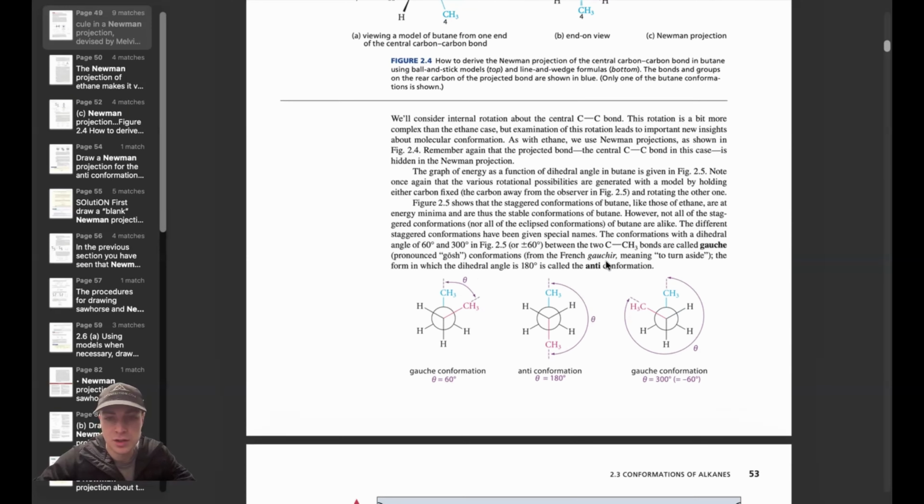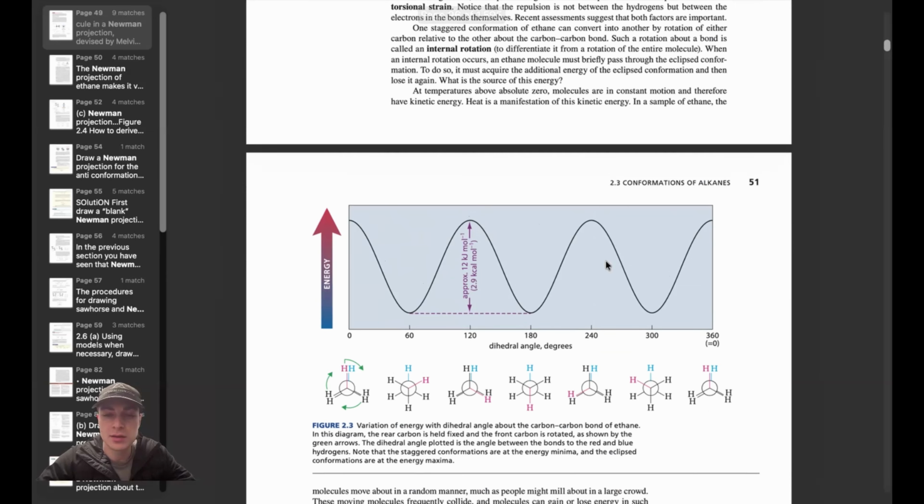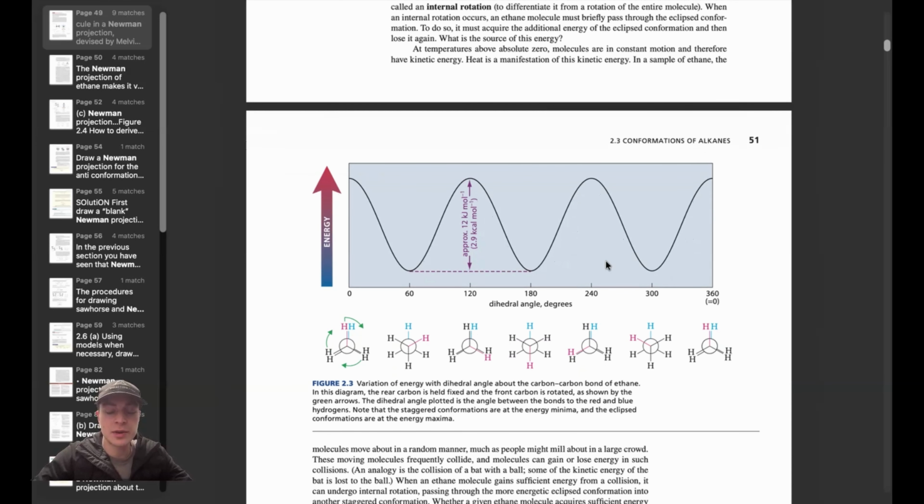So here we are now in chapter 2, and here is what the Newman projection energy diagram looks like when you have just ethane. So you have H's on both carbons. And you can see the local and absolute minima are the same.